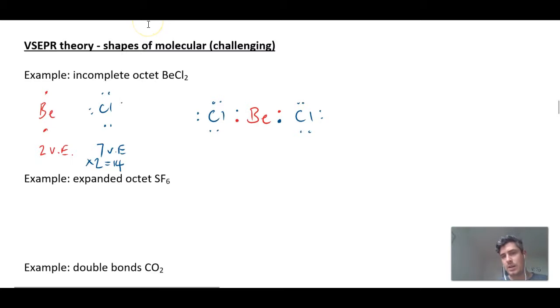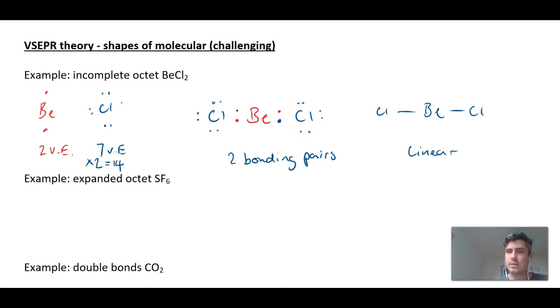Now, if we look at the beryllium here, we've got 2 bonding pairs, which means we only have one option for the shape of this molecule, and that's what we call a linear molecule, where if I draw it, it simply looks like that, with 180 degrees because of the repulsion between the 2 bonds.